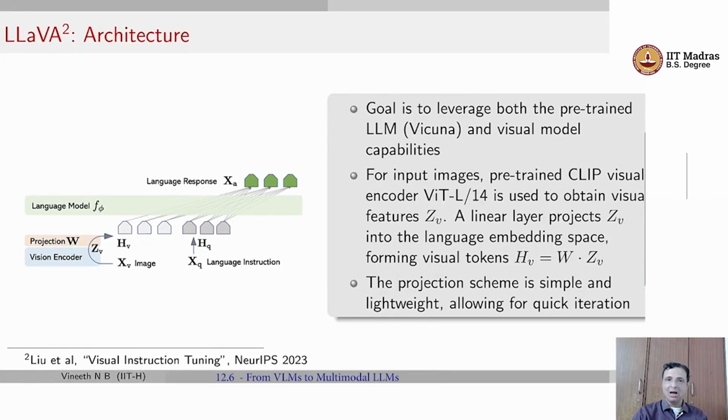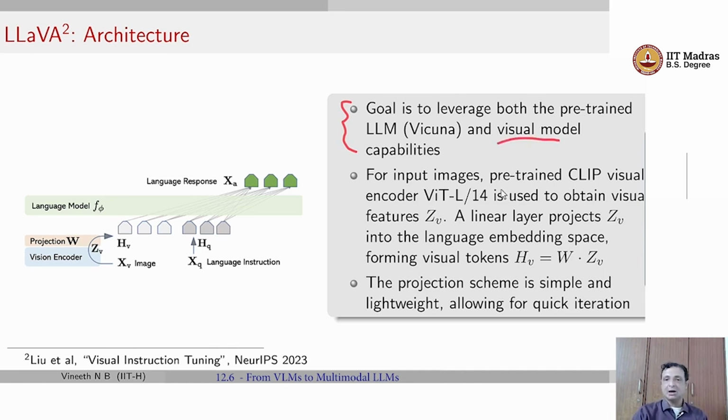Here is their overall idea and architecture. The goal is to leverage a pre-trained LLM. They use Vicuna. Vicuna is an open source version of Llama. We saw Llama as an LLM that was developed by Meta. Vicuna is an adapted version of Llama. That's the LLM they use, and they'd like to leverage the LLM and a visual model's capabilities to do reasoning on images.